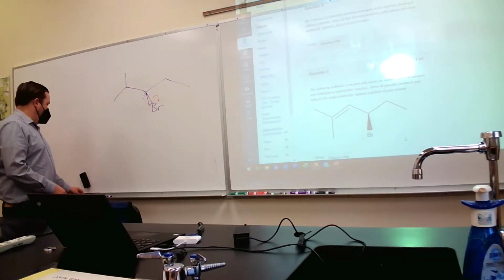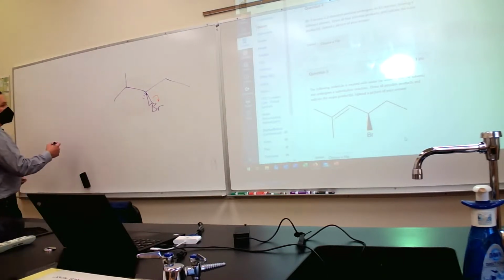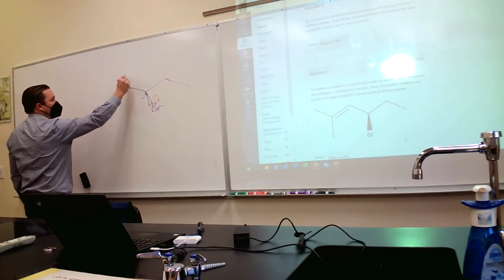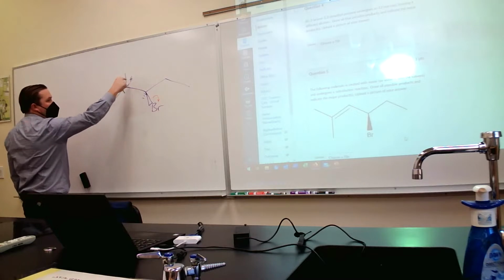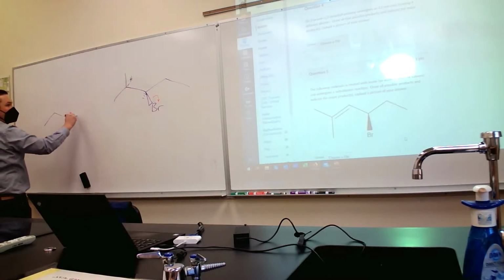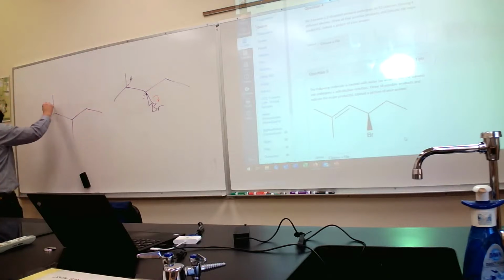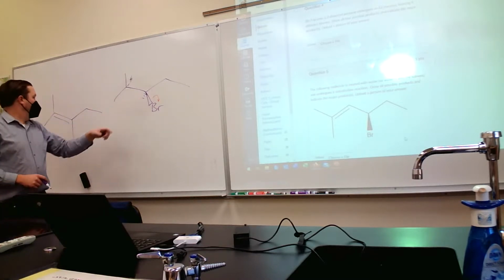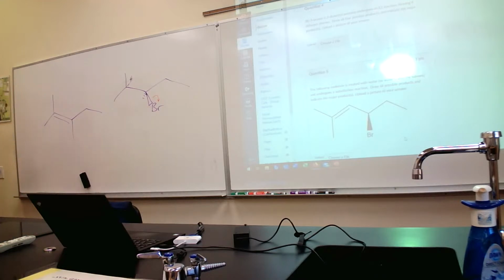Right, so if we take a hydrogen off of this carbon, we're going to remove that hydrogen, remove the bromine. All the carbons stay more or less where they are, except now we have a planar carbon, so we lose the stereochemistry here. So that's one possible product.